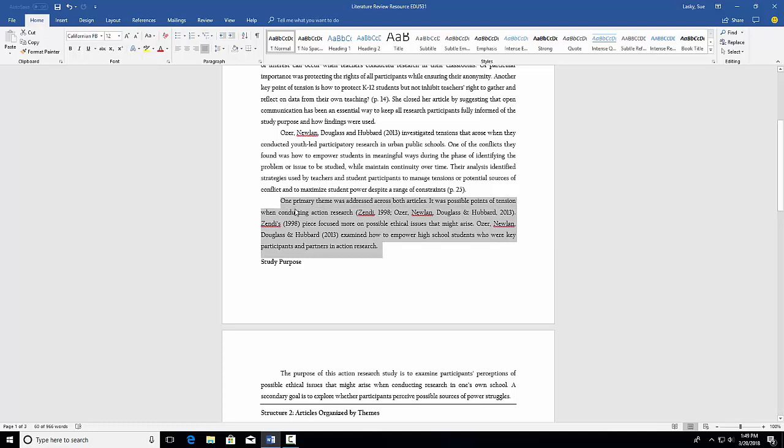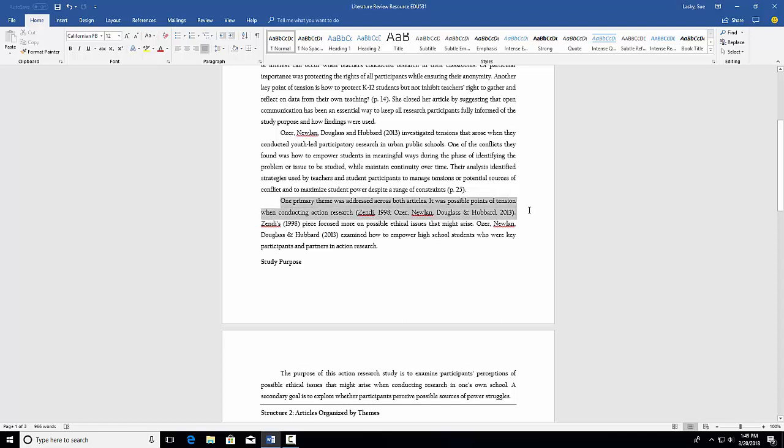You literally start a paragraph by discussing the key theme. Notice once I identify that theme, possible points of tension when conducting action research, I cite both authors. That's what you want to make sure to do. You want to support your point with the citations.